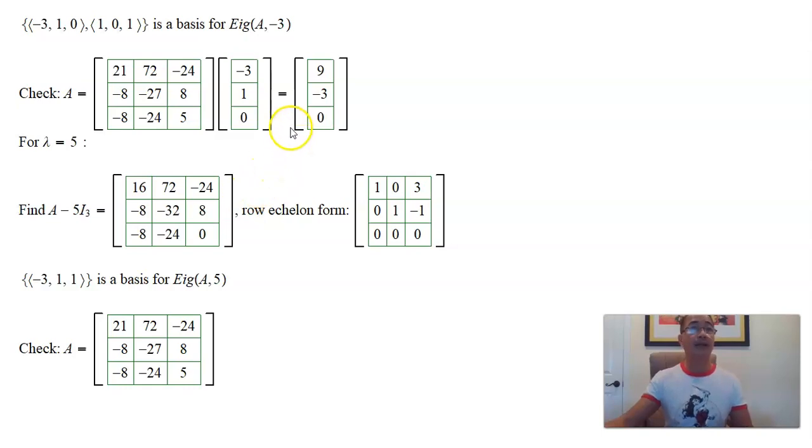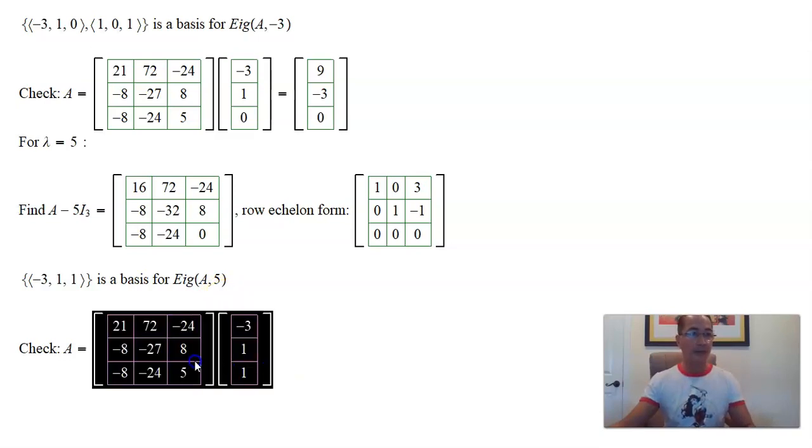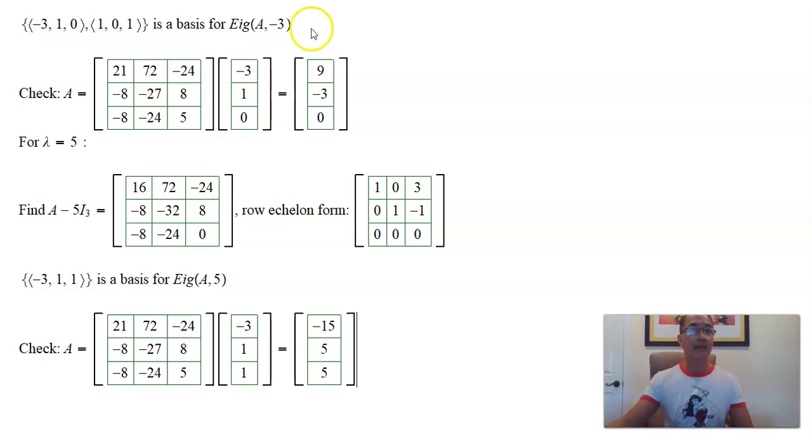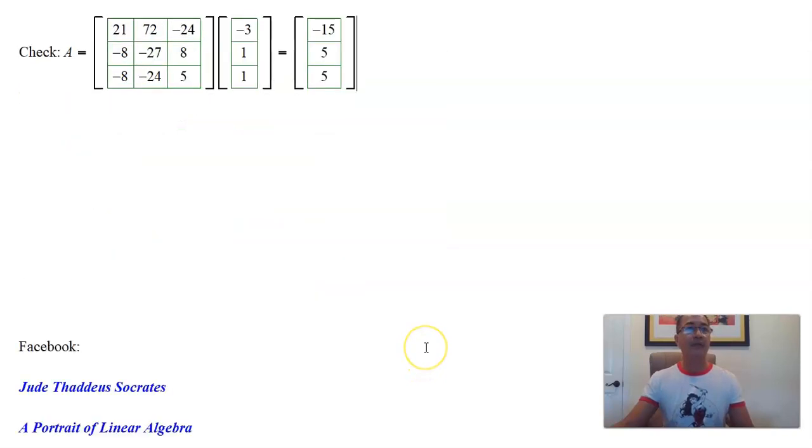Okay, so this time our eigenvector is -3, 1, 1. So let's check. The eigenvalue though is 5, not -3. So we should get -15, 5, 5. Do we get it? We get it. Yep, we get it. Okay, wonderful.